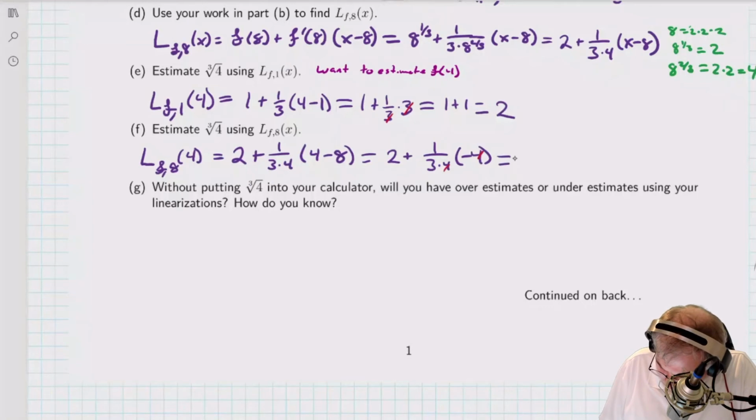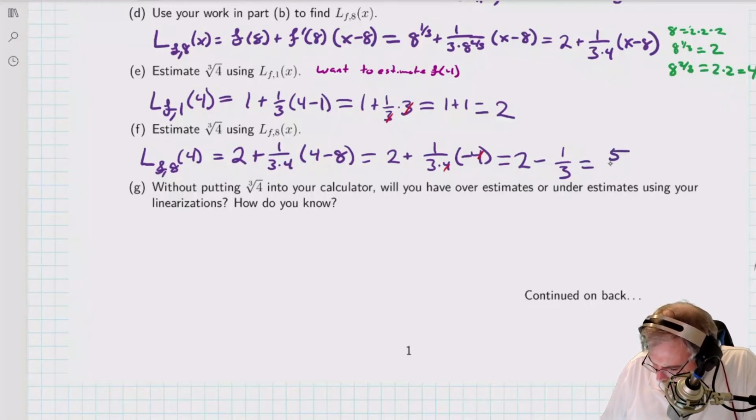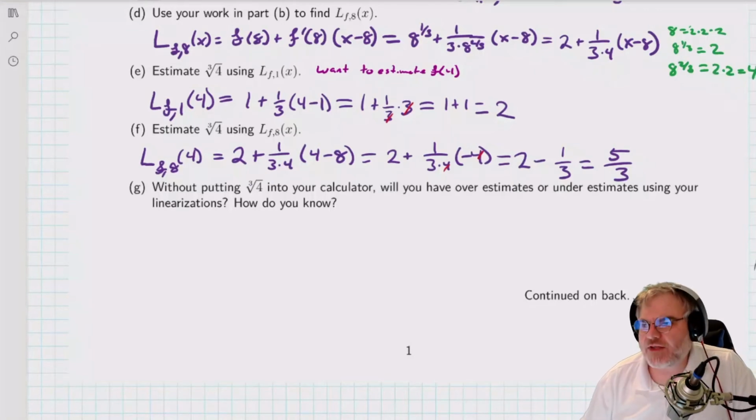Which equals 2 minus, because I've lost 1, minus 1 over 3, right? It's negative. So that's 6 over 3 minus 1 over 3. I'm going to wind up with 5 over 3. Okay. So 1 to 5, how do we feel about those two substitutions?